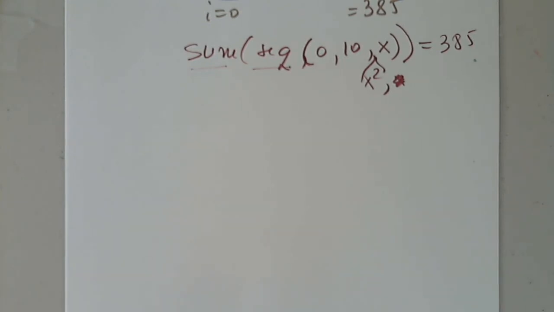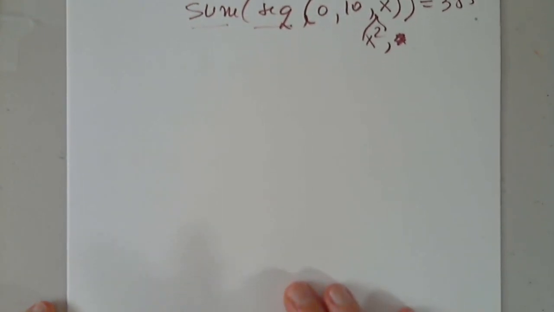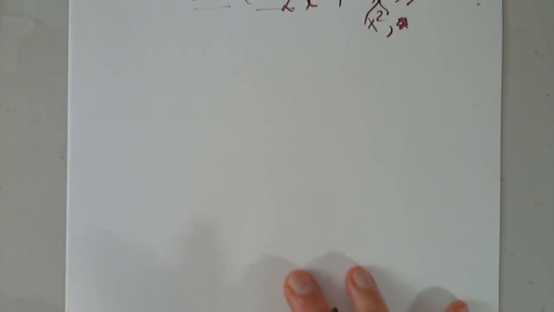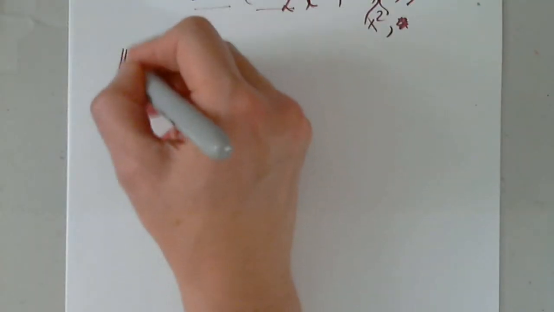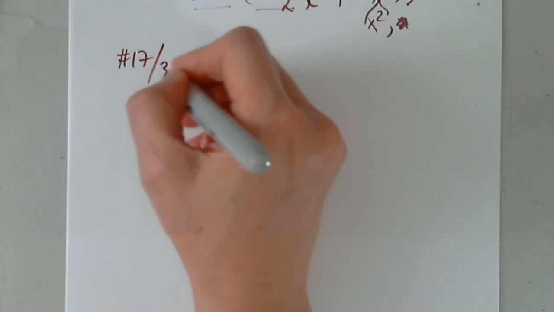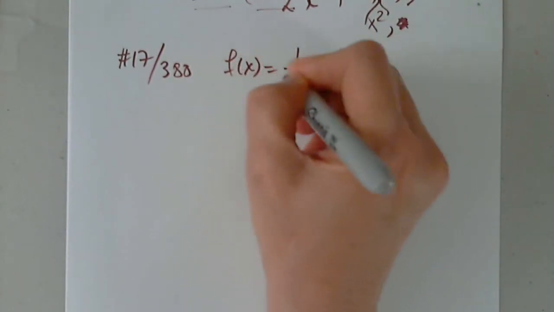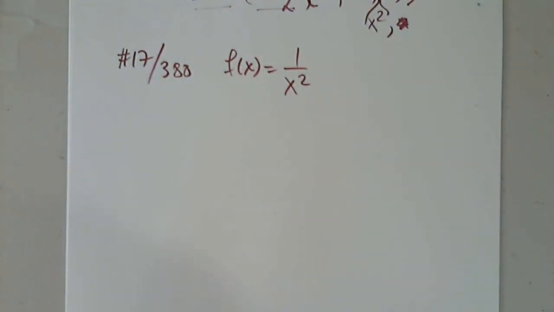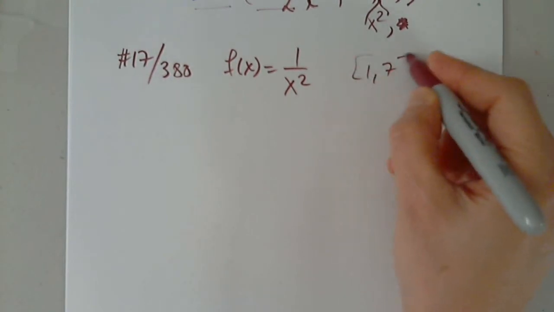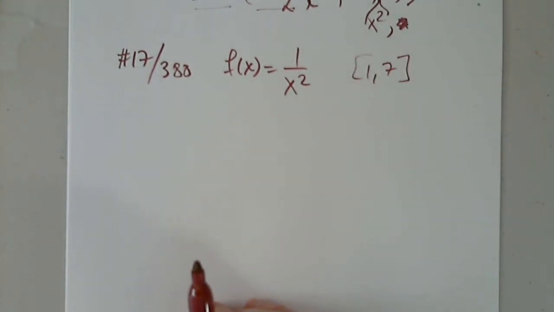So let's find the approximate area. Let's look at 17, on page 388. We want to find the approximate area under the graph of f of x equals 1 over x squared, over the interval 1 comma 7, by computing the area of each rectangle to 4 decimal places and then adding.